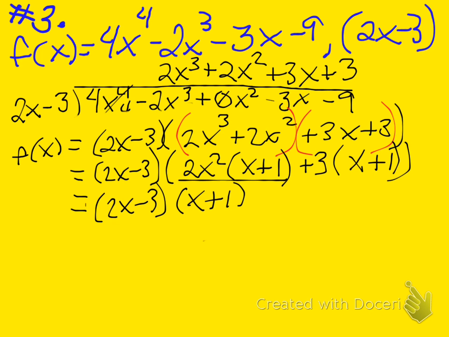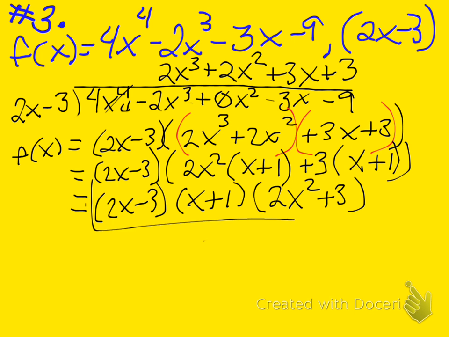Both have a greatest common factor of x plus 1, so I'm going to pull that factor out. And what will be left is this term and that term. So it will be 2x squared plus 3. And since I cannot factor any further, that will be my final answer.